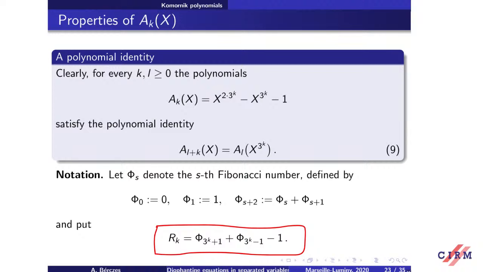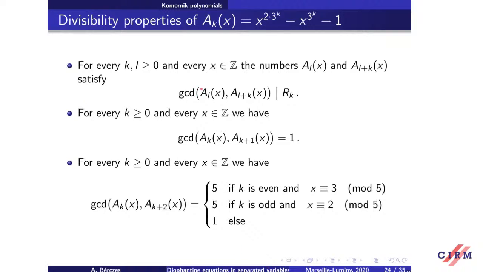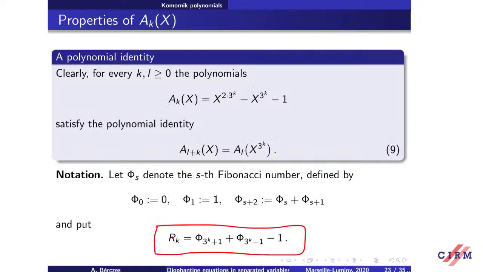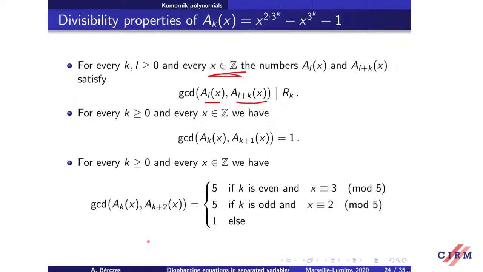These integer numbers will play an important role in the GCD of two values of this polynomial A_k(x). So if we take the polynomial in any integer place, and we compute it for the index L and for the index L plus k, then the GCD of these two integers will divide the integer R_k defined just here using the Fibonacci numbers.